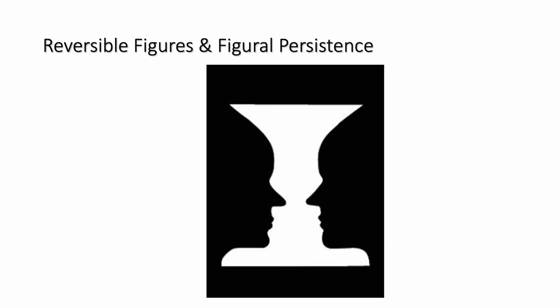When this slide first flashed on the screen, many of you immediately saw the goblet, and now you're having to work at trying to see the faces. Others of you saw the faces immediately and probably had to work at it a little bit to see the vase. For whatever reason, I have always seen the vase first. I can see the faces very easily when I look for them, but the first thing that pops out at me is the white vase.